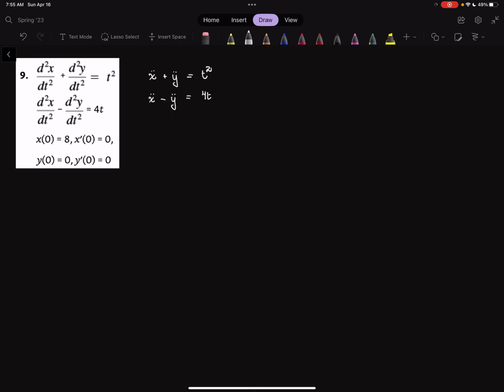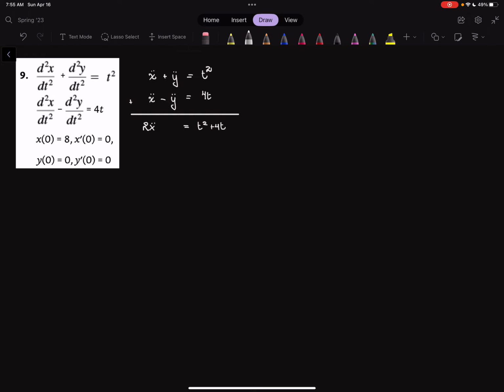So I see a very particular situation here because I could just add them up, and if I add them up, I'm gonna get 2x double prime equals t squared plus 4t.